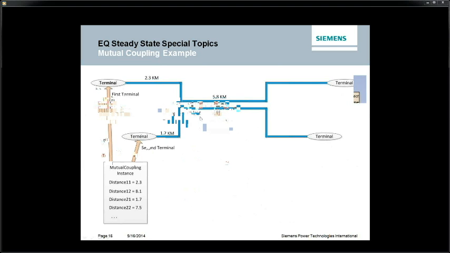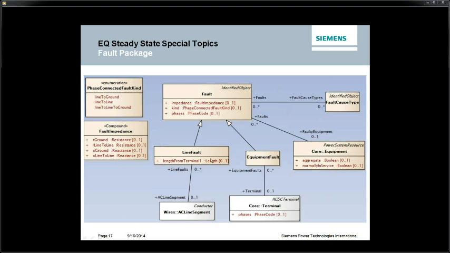So if you've got a line to line, you can define this as a three-phase fault, A, B, and C, or an A to C, or a B to C, or whatnot. Same thing for line to ground. You can define the different fault types. So you define your fault, whether this is a line fault or an equipment fault.